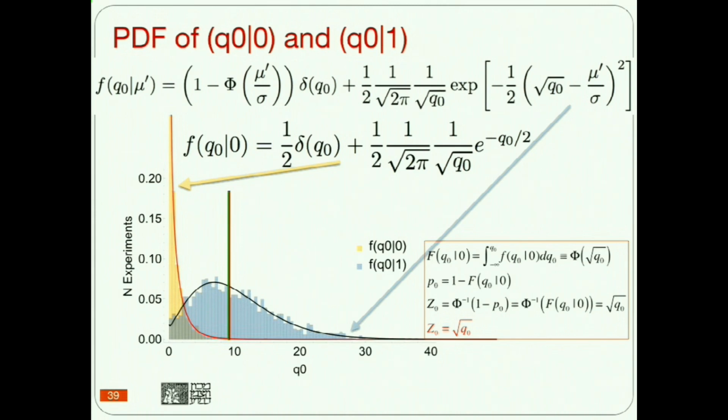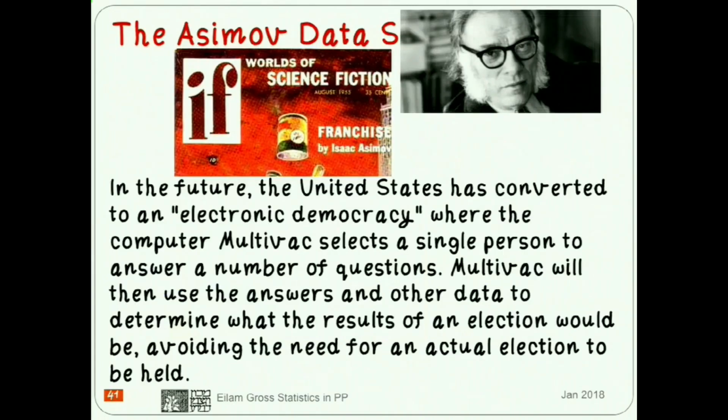Why do we call it the Asimov data set? Because of a story by Asimov. The story tells you that in the future, you will use an electronic election system, and instead of sending people to vote, the big brother knows every one of you, each and every one of you.